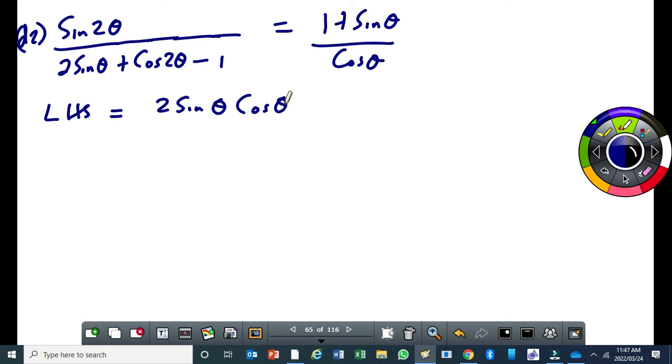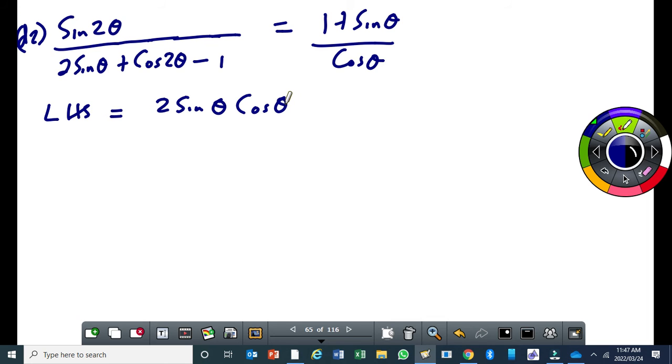Okay? But now the thing is, the denominator there on the right hand side has got cos. We have got a cos here, which means somehow my denominator here, I might need to convert it to a cos. But in the end, we just need to get a cos.